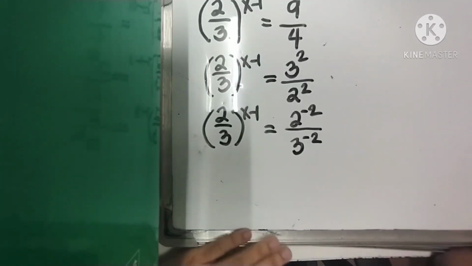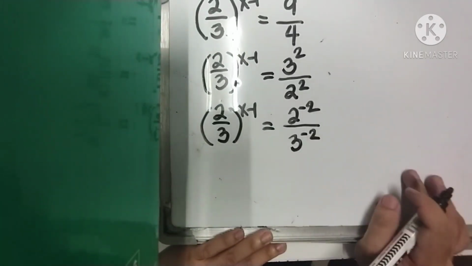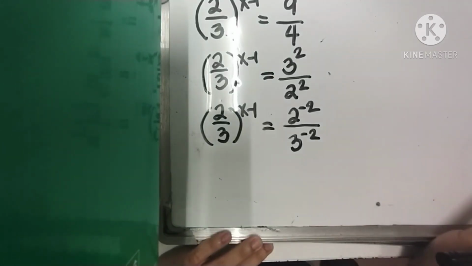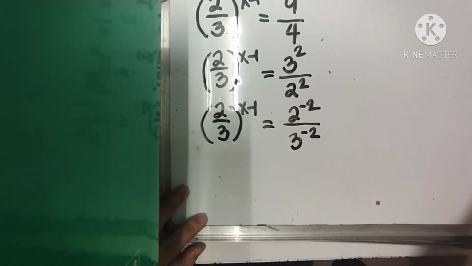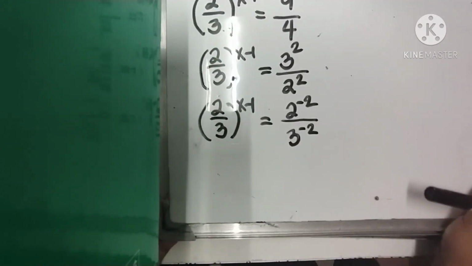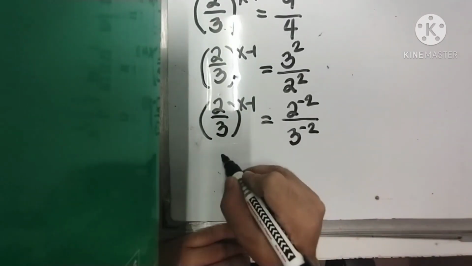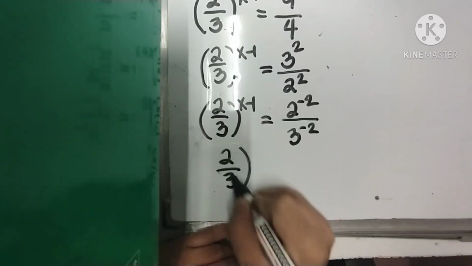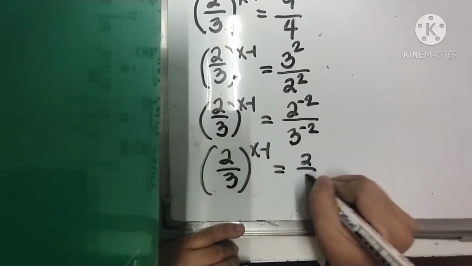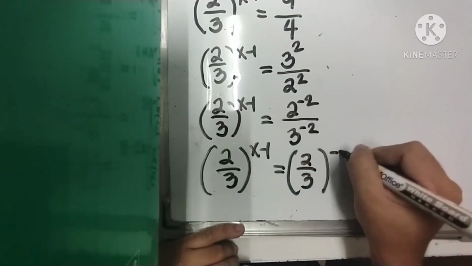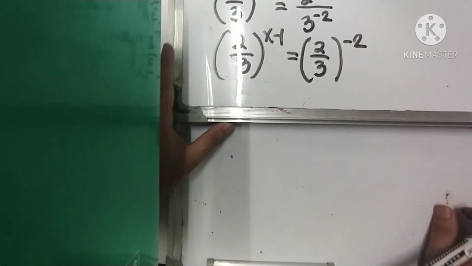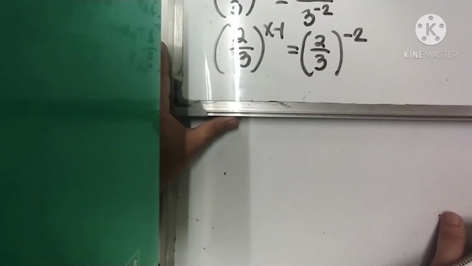Since they have the same exponent, that is based on the power of a quotient, one of the laws of exponent: if they have the same exponent, we can bring it outside. So 2 over 3 to the power of x minus 1 is equal to 2 over 3 to the power of negative 2.